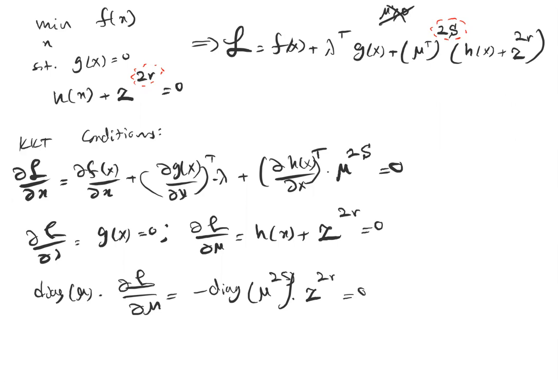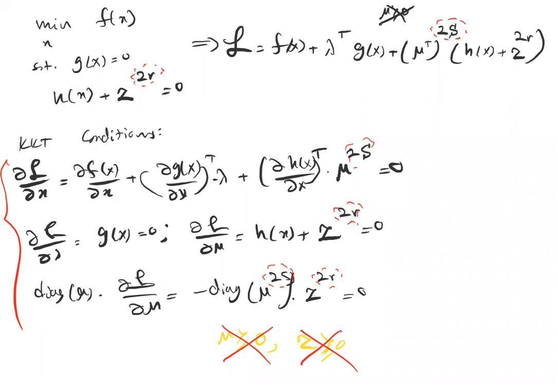And also, mu was positive before, z was positive. So now we don't have these two constraints anymore. As you can see, we added these terms to ensure that z to power 2r and mu to power 2s are positive. We simplified or adjusted our KKT conditions by doing so.